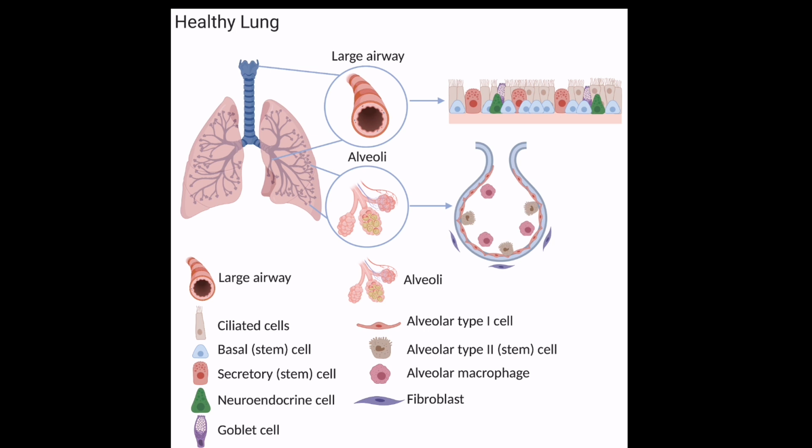Here's a breakdown of lung cells. Epithelial cells. These line the lungs and help trap dust and bacteria. Alveolar cells, or pneumocytes. These cells make up the alveoli and help with oxygen exchange.